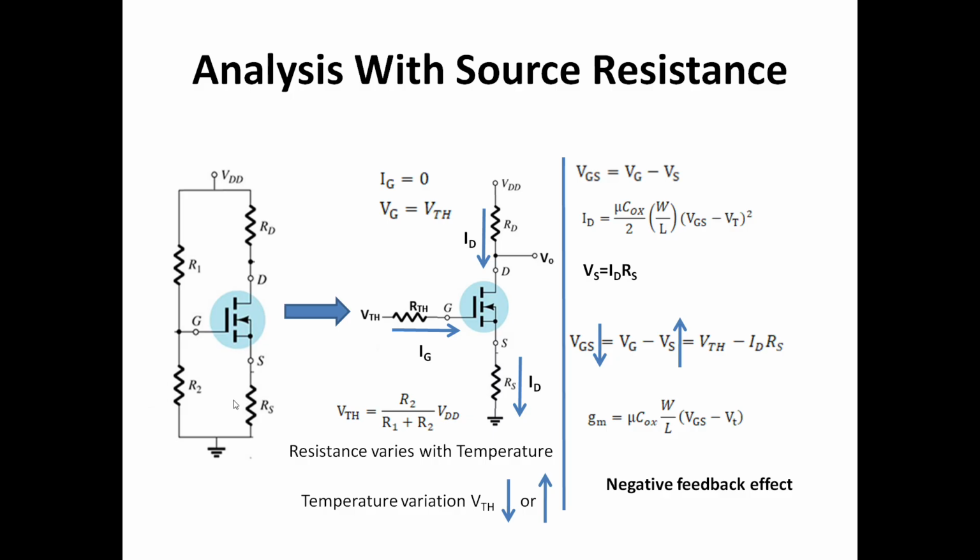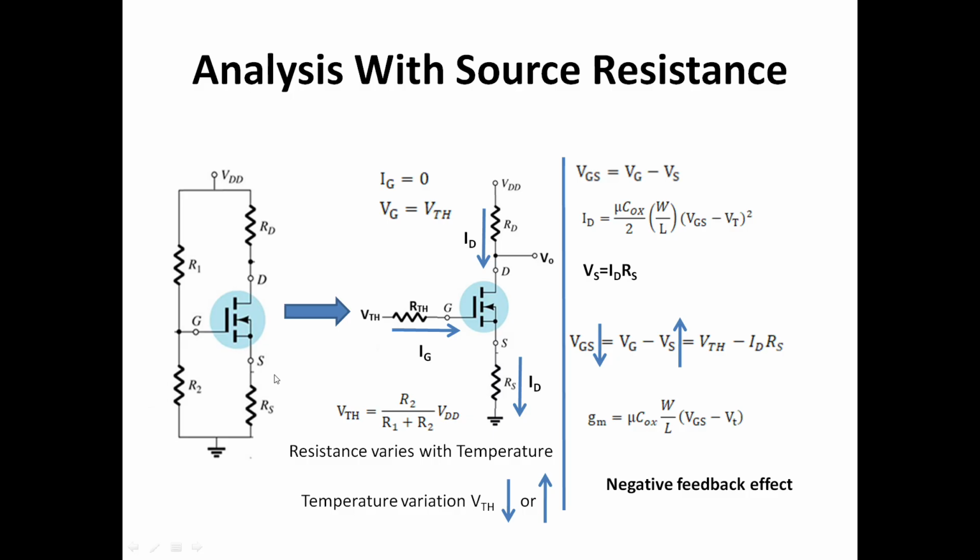So what we can conclude here is that this source resistance RS gives a negative feedback, and due to this negative feedback the variation in the VGS decreases, so that the variation in drain current decreases and the transconductance variation decreases.